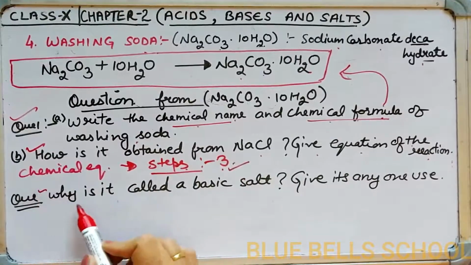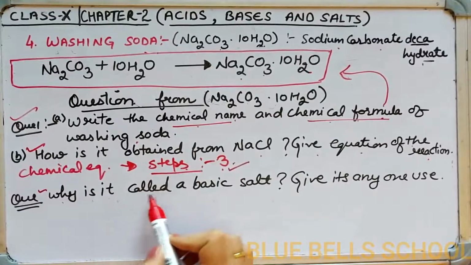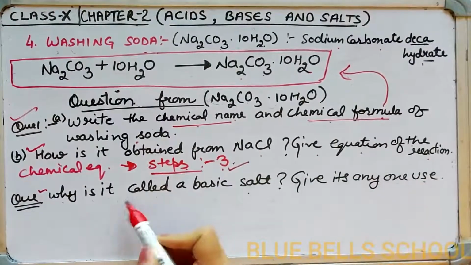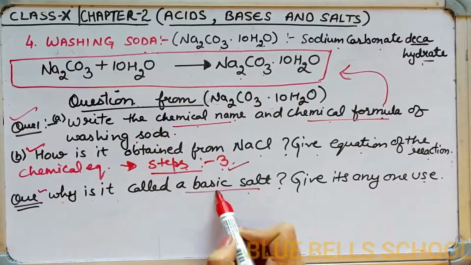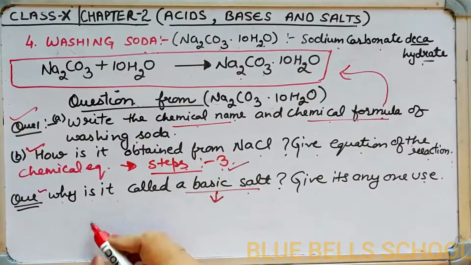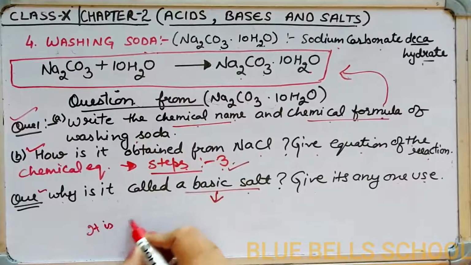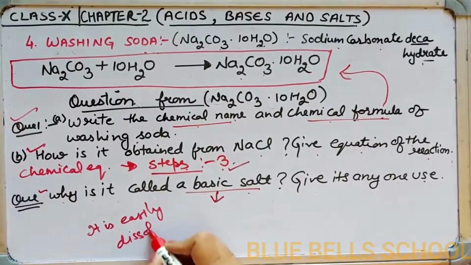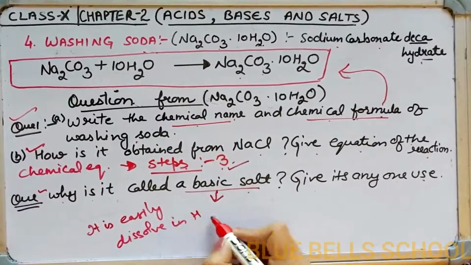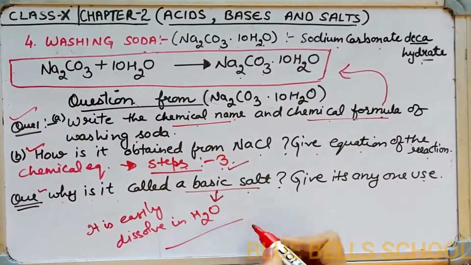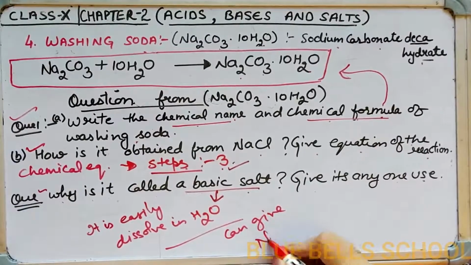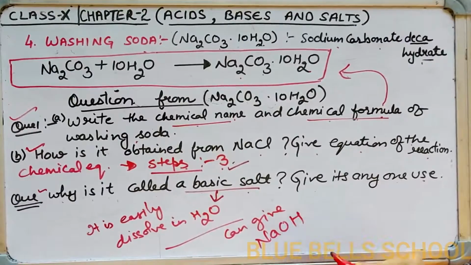Next question: why is it called a basic salt? Give any one use. Why is it called a basic salt? It is called a basic salt because it easily dissolves in water and can also give sodium hydroxide.